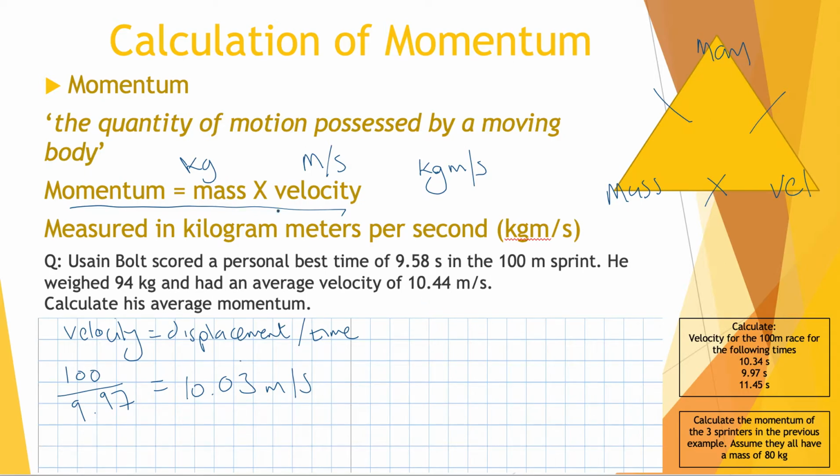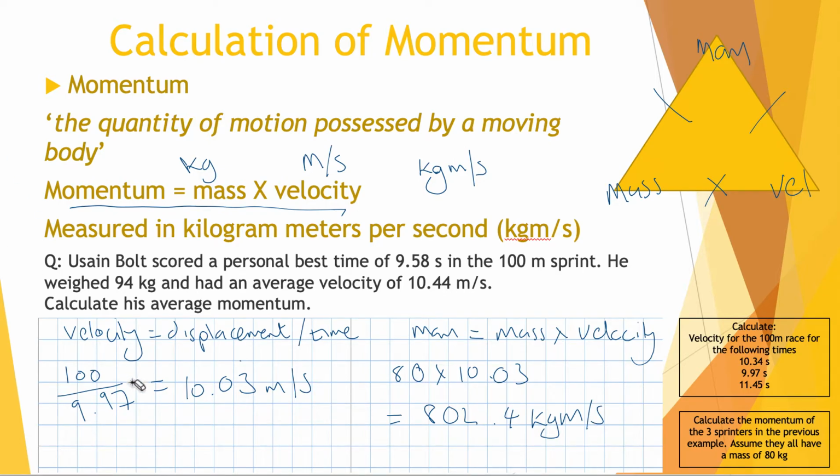And then if we go on to the momentum, momentum equals mass times velocity. It's 80 kilogram mass again, times their velocity, which was 10.03. That equals 802.4 kilogram meters per second.